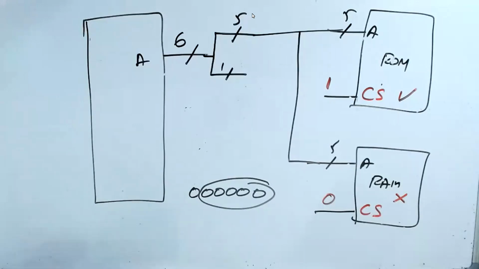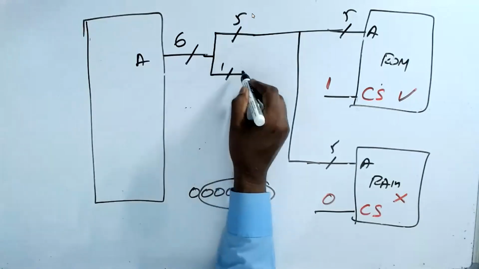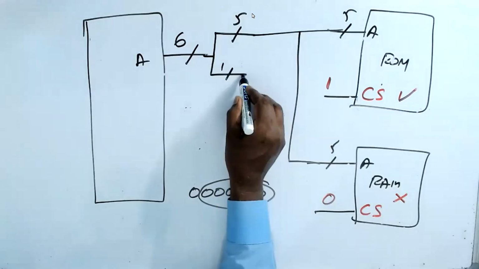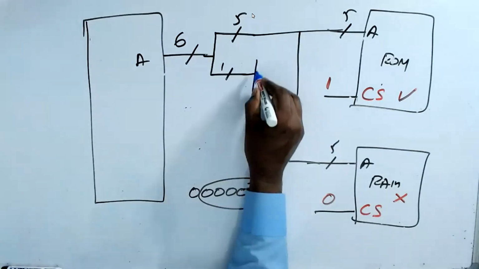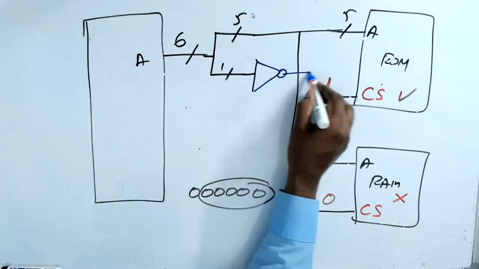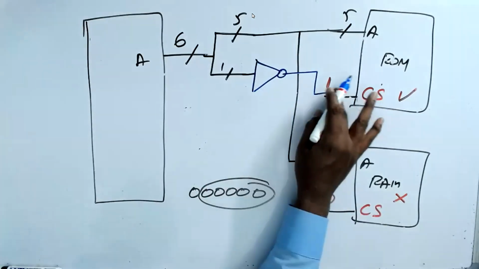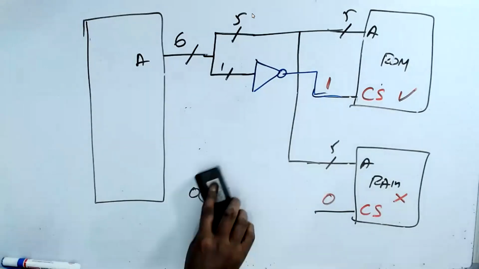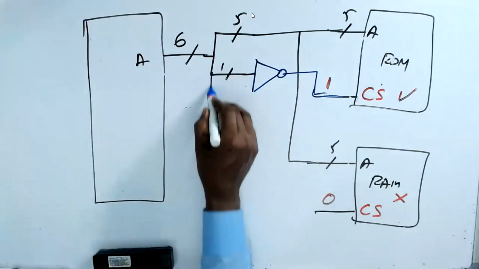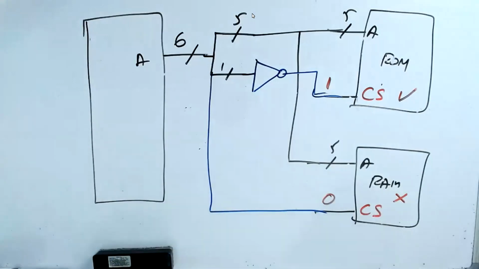Now what we have done is, we use this signal; we have put the inverter here and connected it. And the bottom one we connected directly. Now what happens?